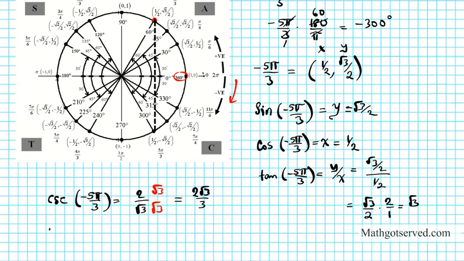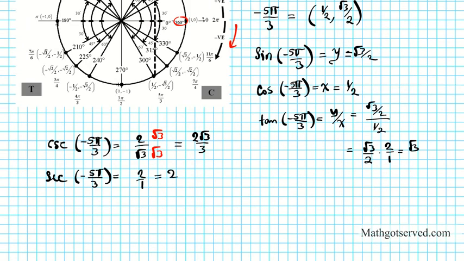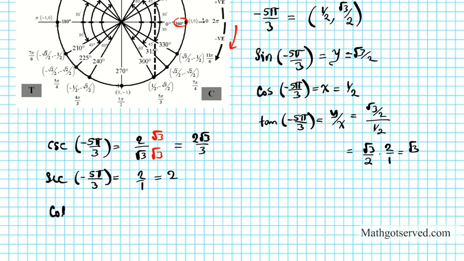And then my secant is the reciprocal of my cosine. Secant of negative 5 pi over 3 is just the reciprocal of cosine, which is 2 over 1, and the answer is 2. Last but not the least is cotangent. Cotangent of negative 5 pi over 3, what you do here is reciprocate tan.